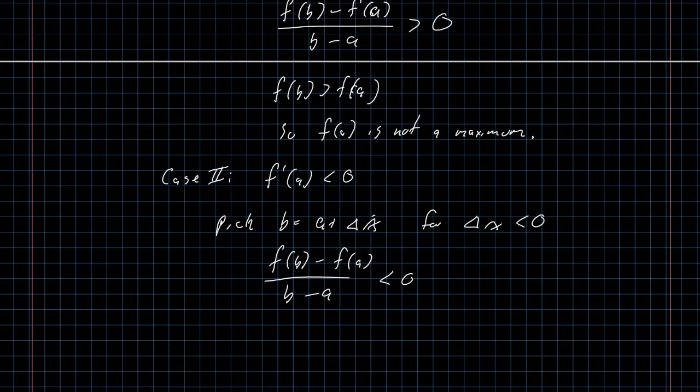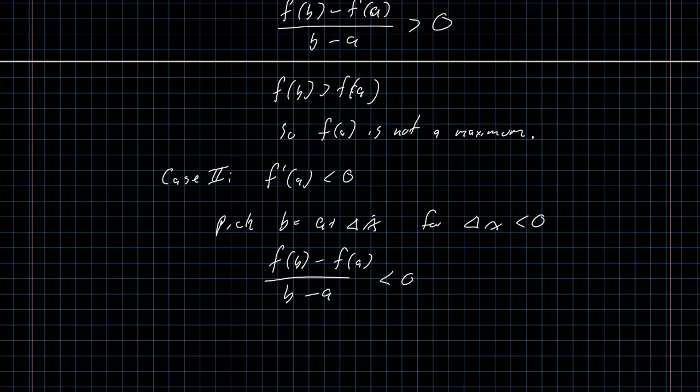Well, if we pick b equals a plus delta x for delta x being less than zero this time, then we can set this up the same way. And in order for this quotient to be less than zero, they have to have different signs.